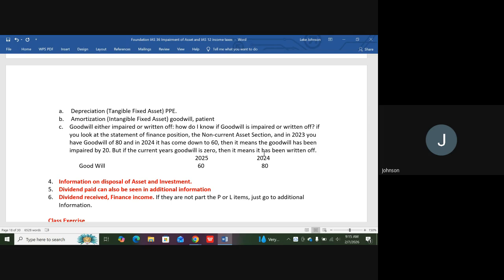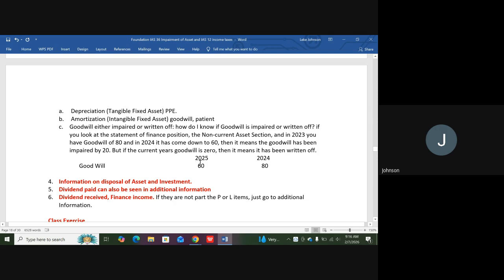Then when we get to 2025, you have to carry out an impairment test every year. So when you come to 2025, you have to check the goodwill you have. Is it still the same, or has it been impaired?